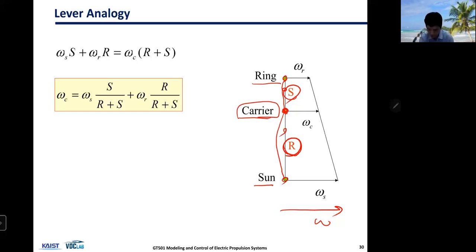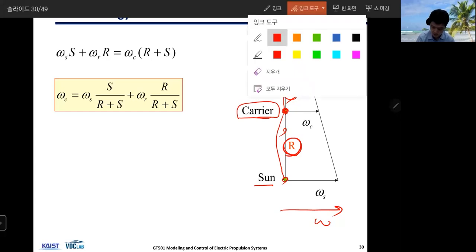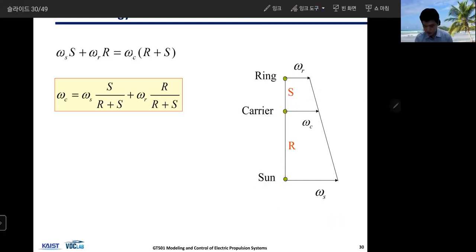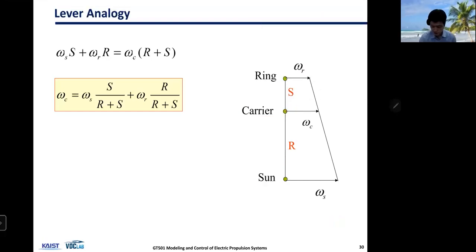But anyway, if you use this lever, it's much easier to visualize what happens when you change the speed of one or more shafts. In this case, the sun gear is faster than the carrier and the ring gear is the slowest.